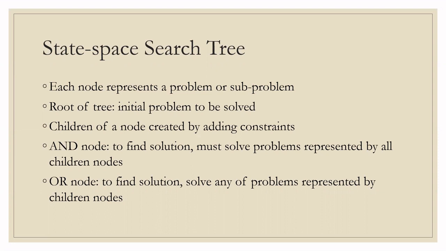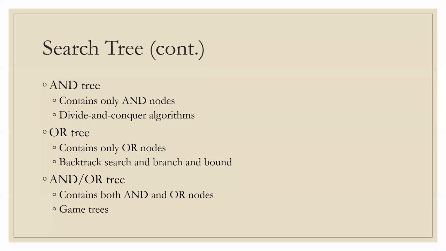An OR node represents a problem or a subproblem which is solved when any of its children have been solved. If a search tree is an AND tree, every non-terminal node in the AND tree is an AND node. The search tree corresponding to a divide and conquer problem is an AND tree, since the solution to a problem is found by combining the solutions to all its subproblems.